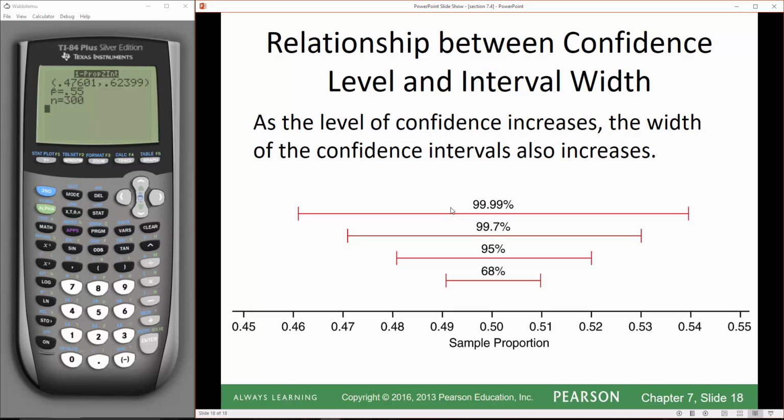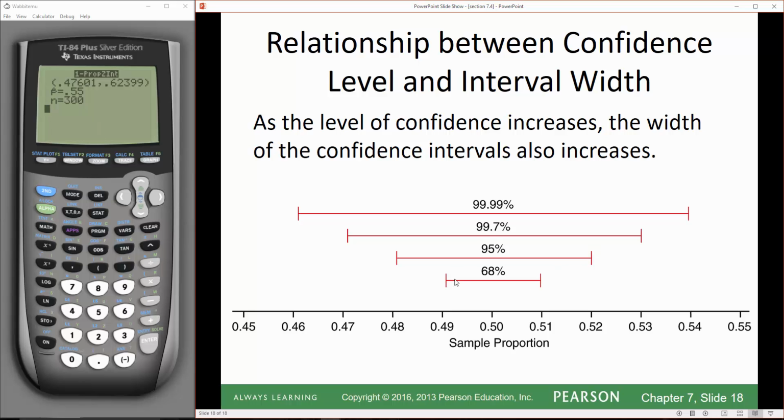So one thing I do want to point out, and this makes sense, right? The wider that we go with my confidence interval, the more confident that we can become that I'll have my true value within this range, right?